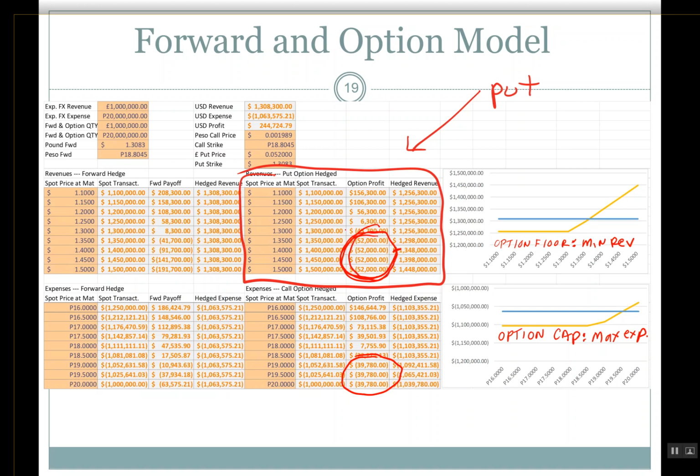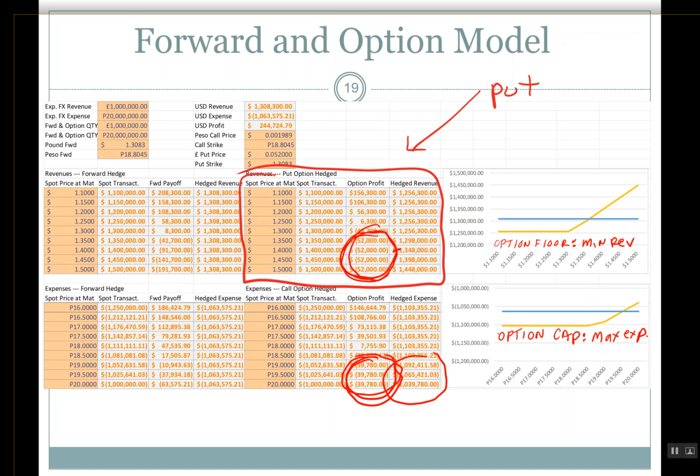All these scenarios here are where you did not exercise, but you just lost your premium. All this call option on the peso, these are all the scenarios where you didn't exercise. The cost of the option on this, of course, according to Black-Scholes, was $39,000. You just lost your premium, but things turned out really good for you, right? Because the exchange rate went in your favor, and you got to buy the pesos really cheap in the market.